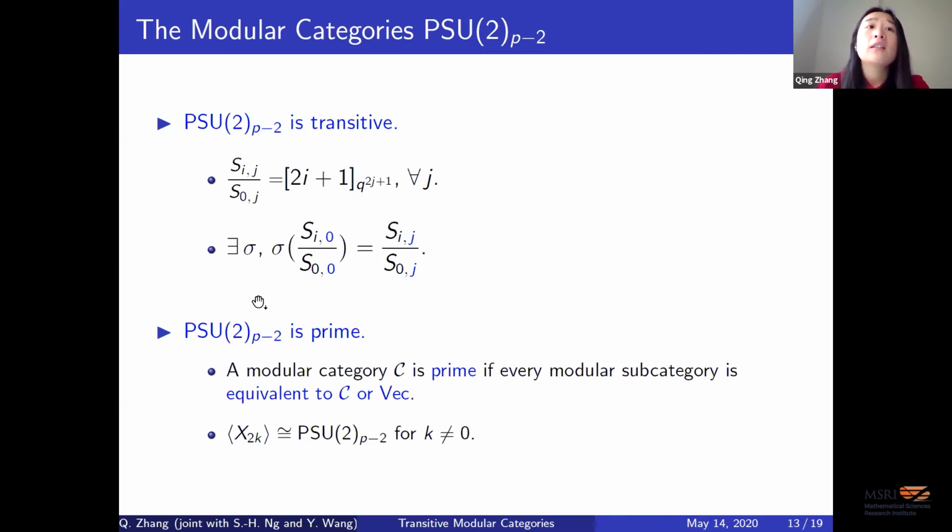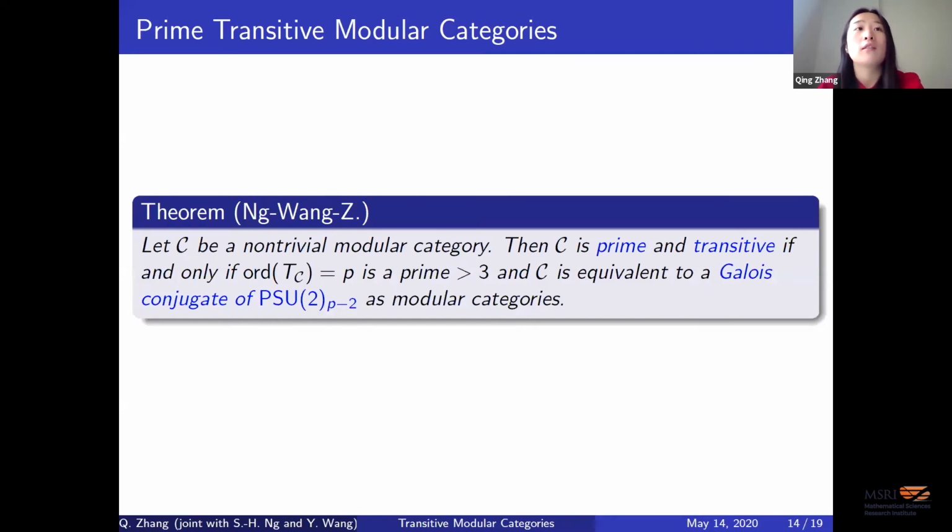Therefore, PSU2 level P-2 is a prime category. So now we have given an example of a transitive prime category. In fact, up to Galois conjugation, these are all the prime transitive modular categories. And we have the following theorem.